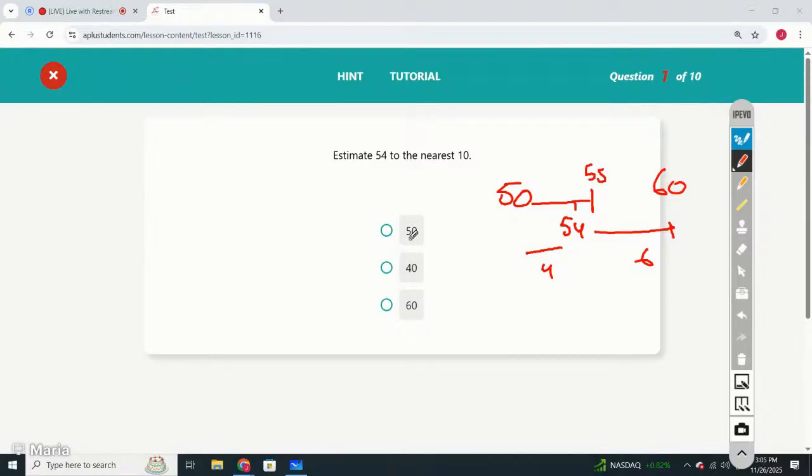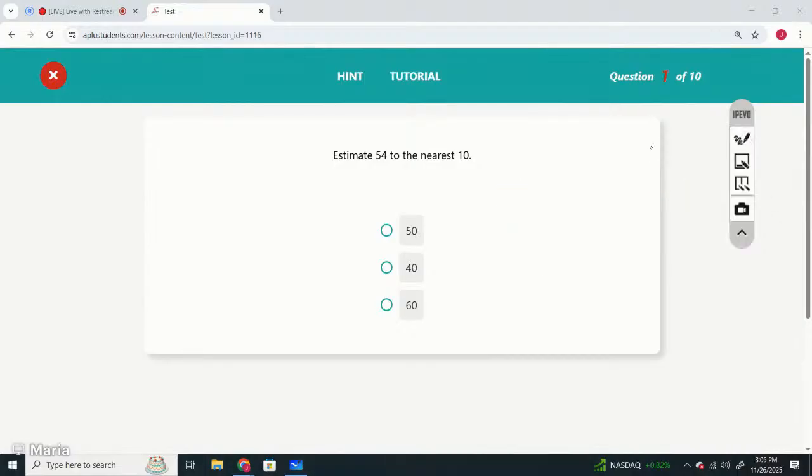So the correct option is 50. Option number 1 is the correct option because 54 is near to 50, so it would be rounded to 50. This is actually the basic concept of estimation.